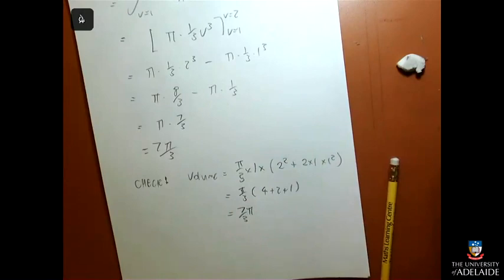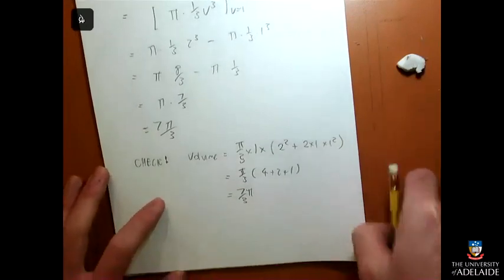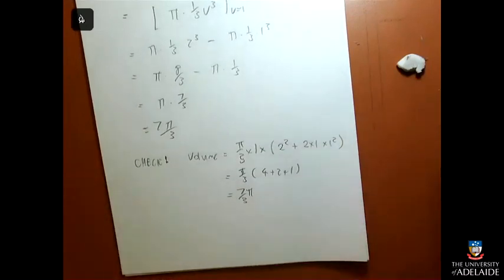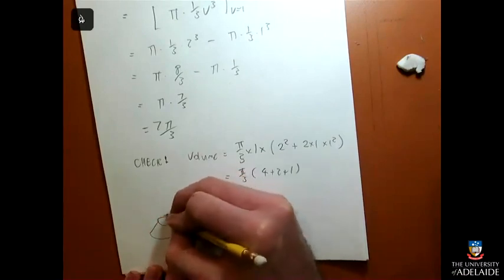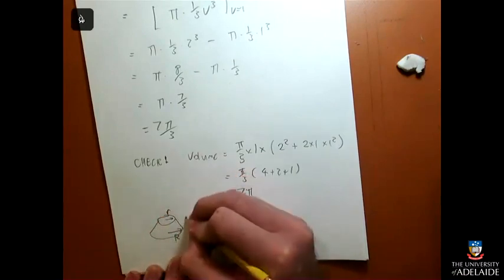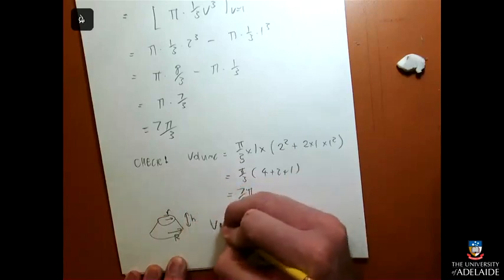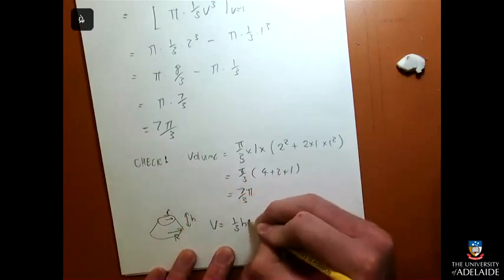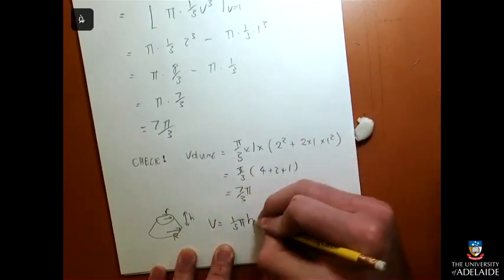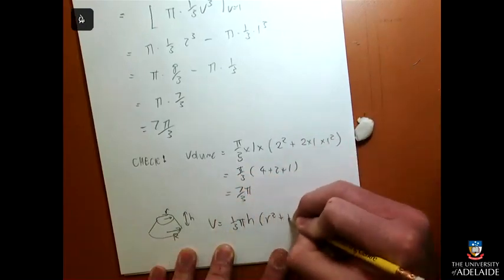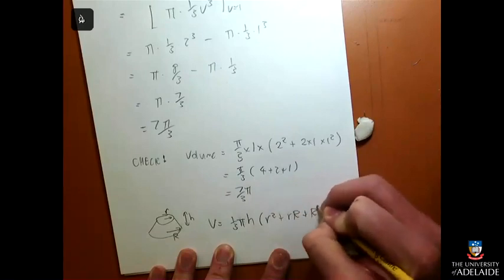You might not know the formula for volume of frustrated cone, but it is my favorite 3D shape, so I happen to know what it is, just in case you're wondering. So if it has little r at the top and big R at the bottom and height h, the volume is 1/3 of pi h times r squared plus r plus r squared.